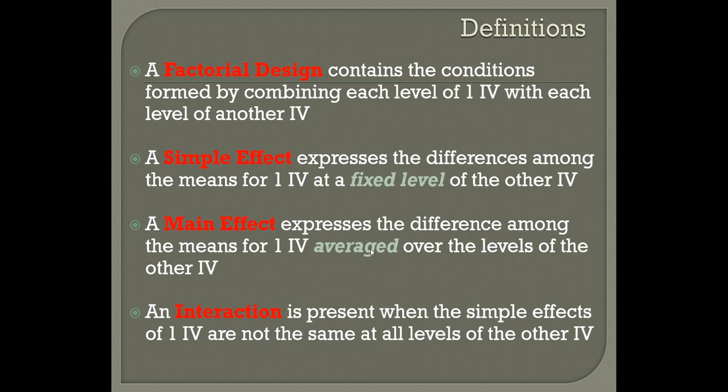And then finally, an interaction is present when the simple effects of one IV are different at different levels of the other IV. So an interaction is basically a difference in the simple effects. And just to reiterate one more time, a simple effect is the effect of one IV at a fixed level of another IV.